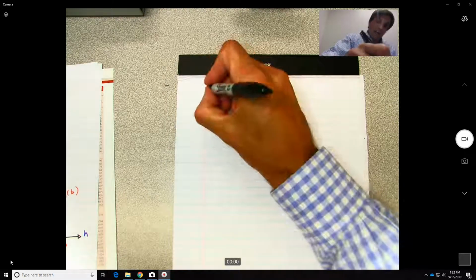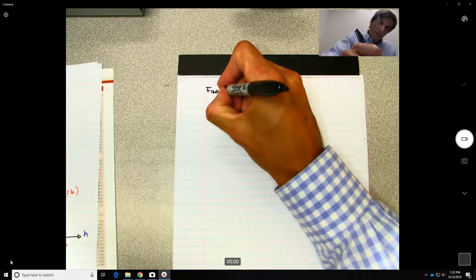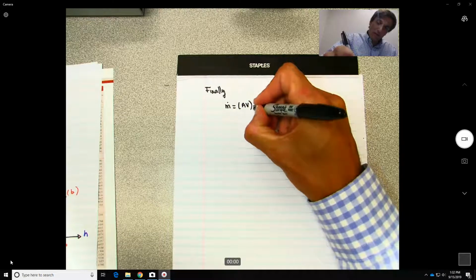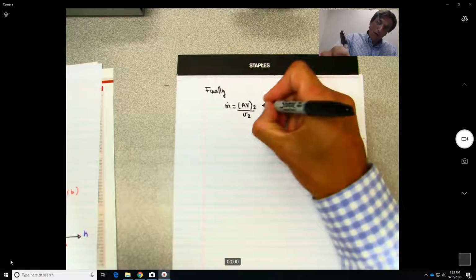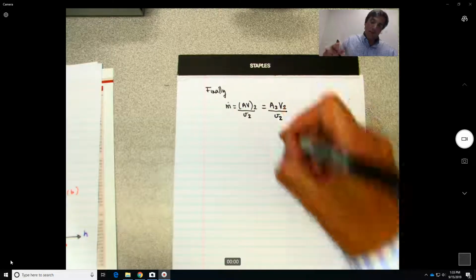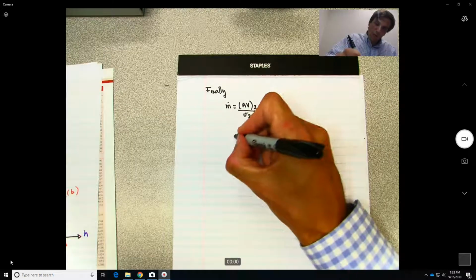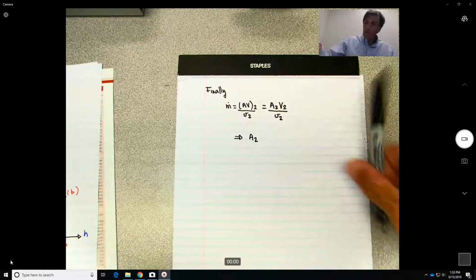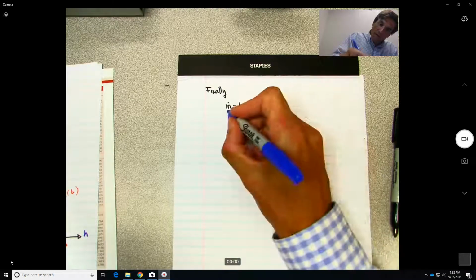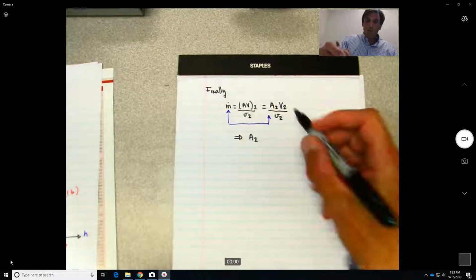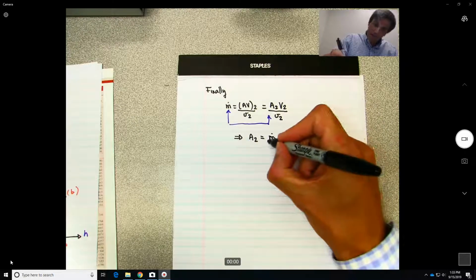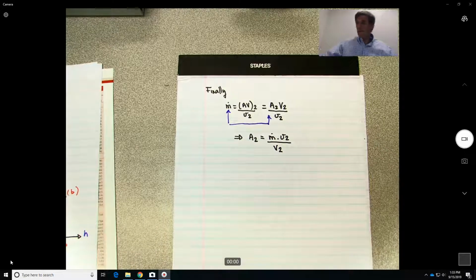So now finally, remember we know that the mass flow is equal to the volumetric flow rate, which basically means A2 V2 divided by specific volume. So from here we can solve for A2 by looking at this equation and this equation. We have that A2 is equal to mass flow times specific volume divided by the velocity.